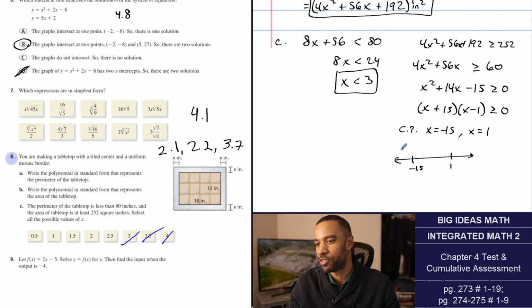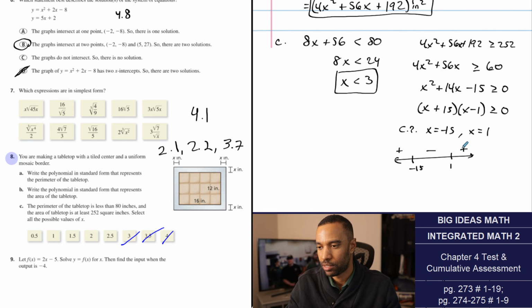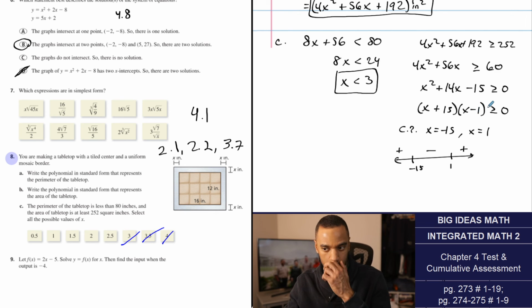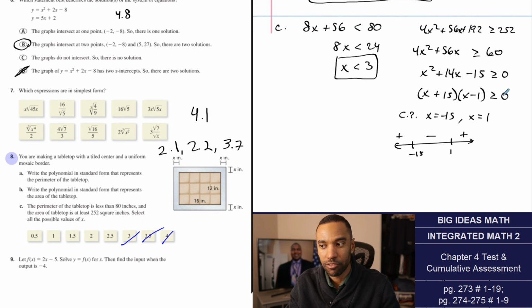To the left of negative 15, if I plug in numbers, I'm going to get positive numbers out. I'm just going to tell you that. Between negative 15 and positive 1, I get negative numbers, and then greater than 1, I'm going to get positive numbers. So in the end, you want numbers that give positive results.